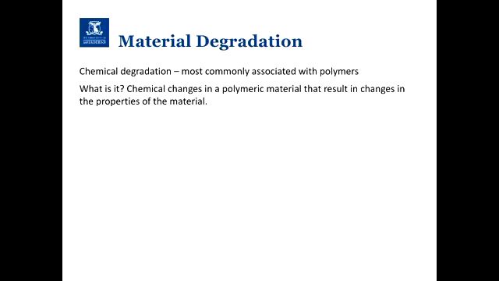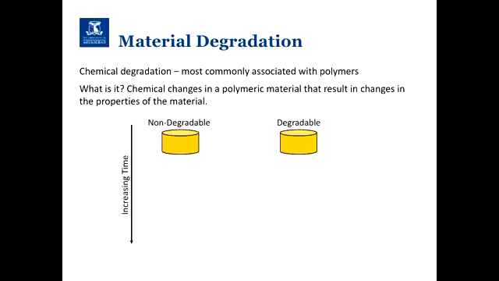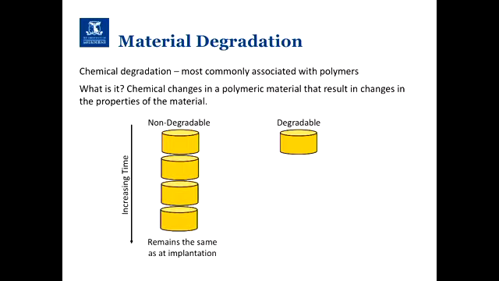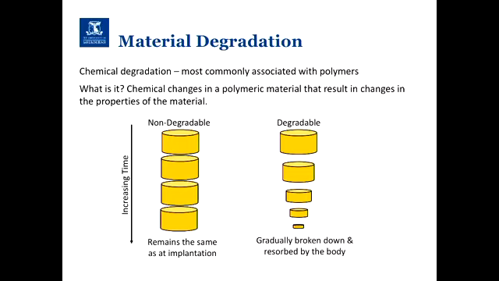Is it undesired? As always, it depends on the material and it depends on the application. So this just shows really what the difference of that is in a cartoon. Something that doesn't degrade, you want it to remain the same over time. Something that is degradable, it will change over time.